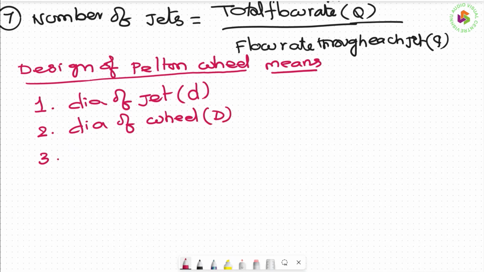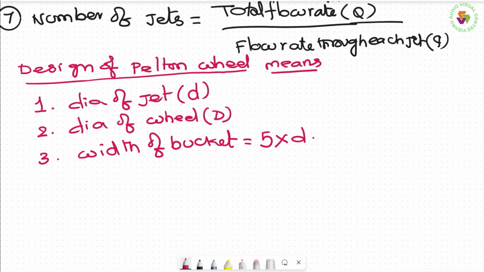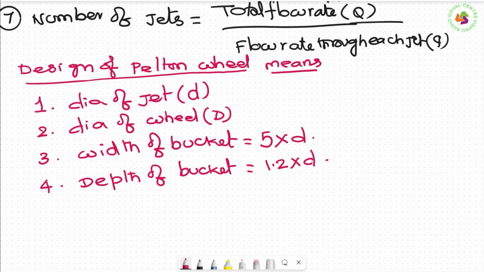Then the third point they will ask is the width of the bucket. Width of the bucket, kindly note it, is 5 into small d. And then the fourth point is the depth of bucket. Depth of bucket is equal to 1.2 times d.